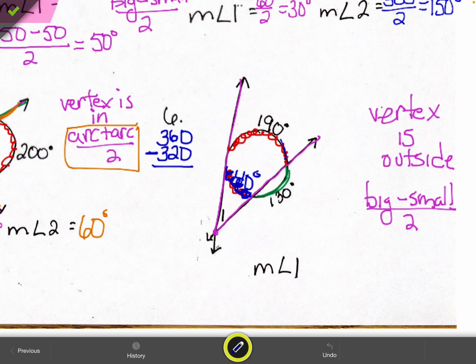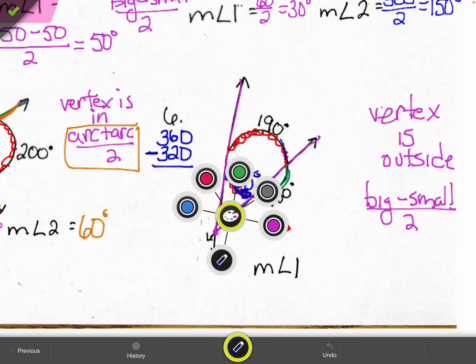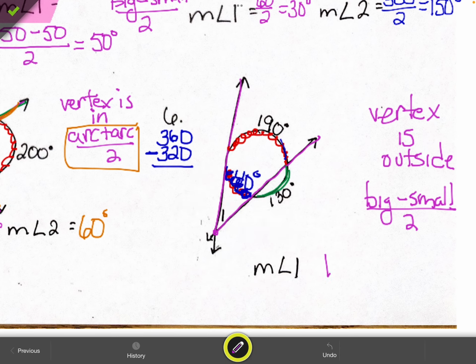Now I have my big arc, which is 190. That's what's marked in red. Minus, what's my small intercepted arc? We just figured it out, it was 40. So big minus small divided by 2.